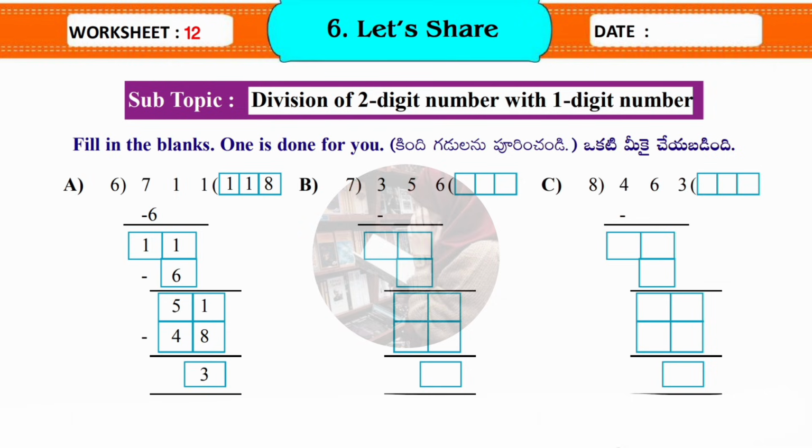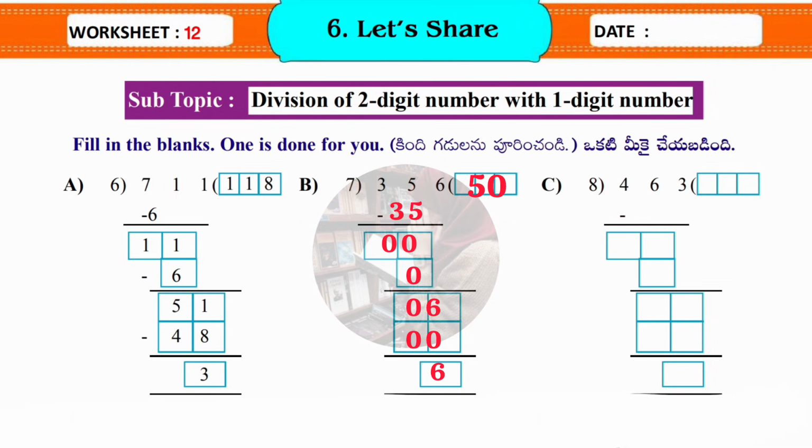Okay, again 5 will be left, 1 will bring down, it will become 51, then 6 eights are 48, 3 will be the remainder which is left. Okay, let's see the second one, which is 356 divided by 7. So 7 fives are 35, 0 will be left. Okay, so 6 will come down, then 7 zeros are 0, 6 will be the remainder.